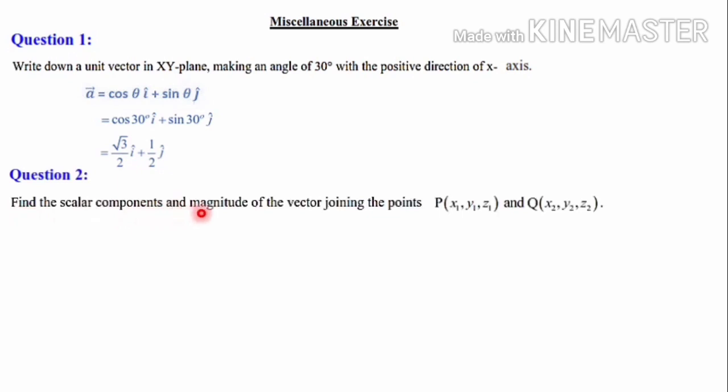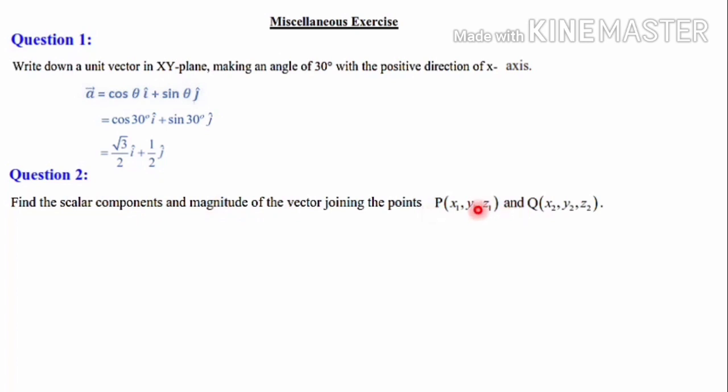Question number 2. Find the scalar components and magnitude of the vector joining the points P (x1, y1, z1) and Q (x2, y2, z2). It's a very simple and basic question. Two things we have to calculate: the scalar components and the magnitude of the vector.